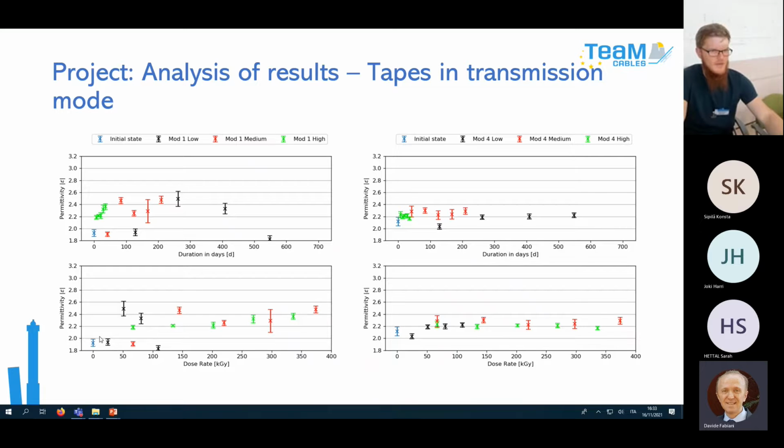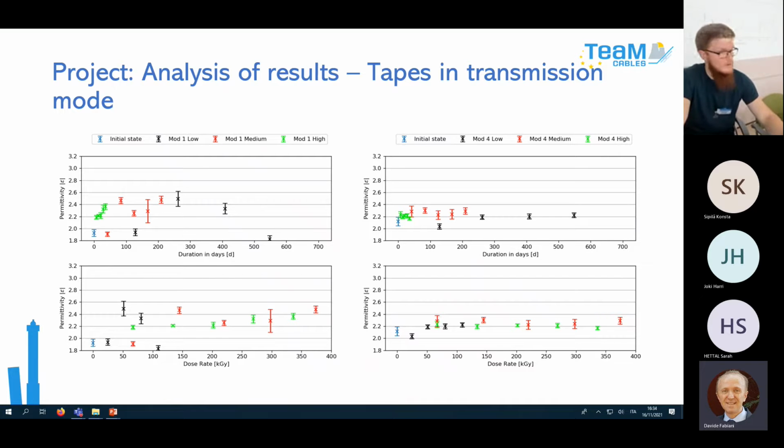As you can see, we have different radiation aged samples. In black, you have the low dose rate, in red, the medium dose rate, and in green, the high dose rate. Now, the expectation would be that in the unaged, pure XLPE, the radiation will age the sample, and you will have maybe a gradual change of permittivity in one direction.